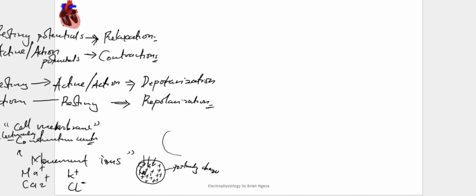When there are some factors maybe within the cells or within the cell membrane that allow massive entry or retention of some ions such as chloride, and we have excessive accumulation of it, it means that the cell will be much negative. And we'll say that this cell is negatively charged.